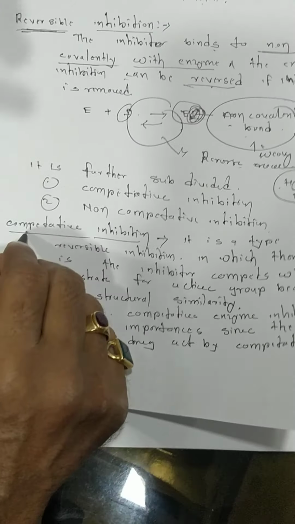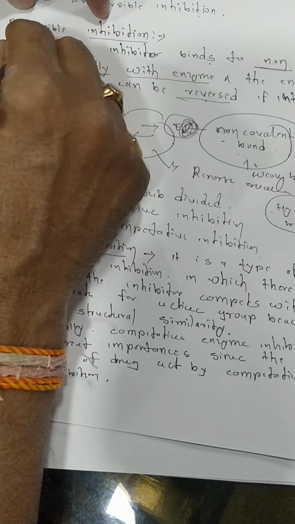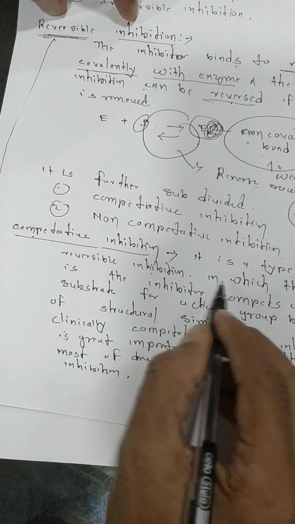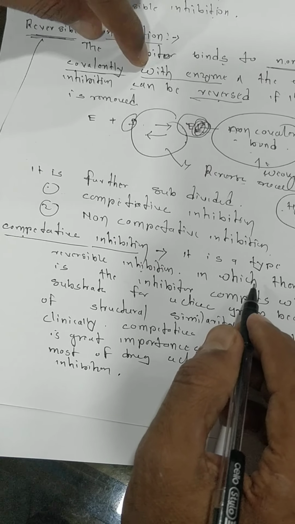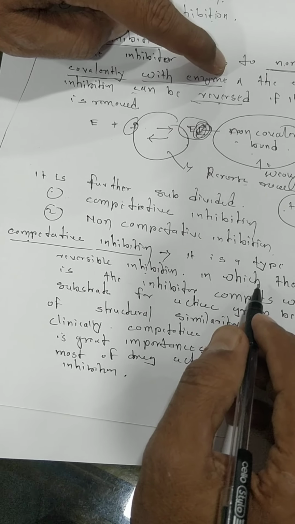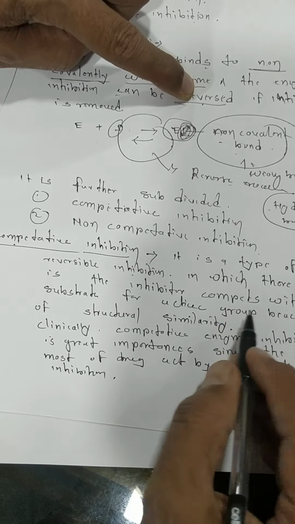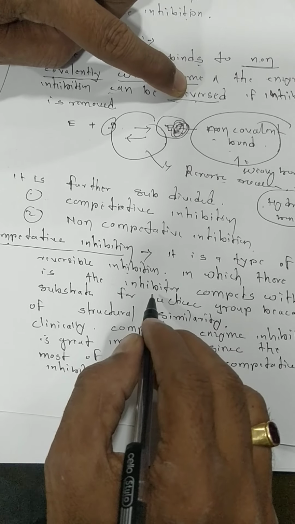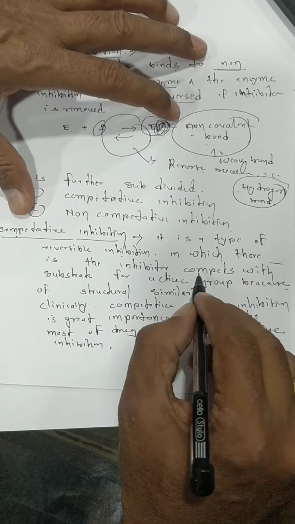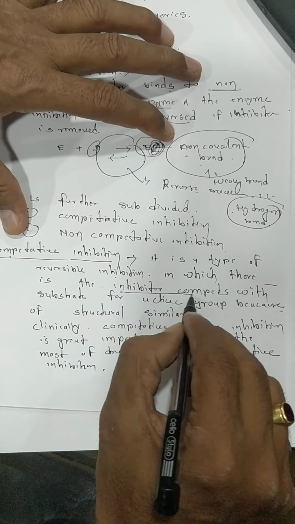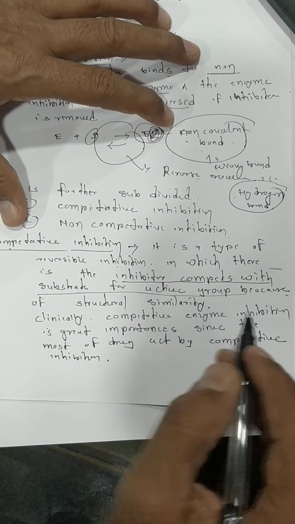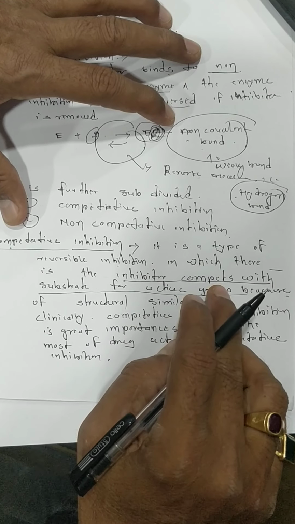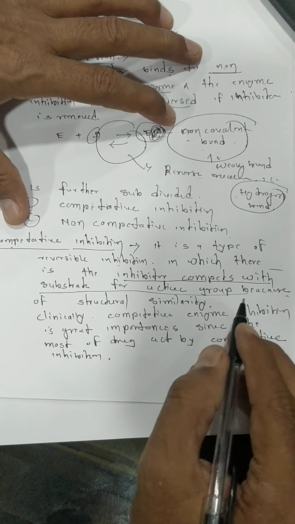Competitive inhibition is a type of reversible inhibition. Now what is reversible inhibition? The enzyme binds to the inhibitor and it acts reversibly. In competitive inhibition, the inhibitor competes with the substrate.